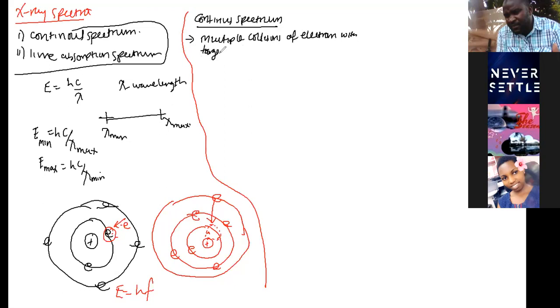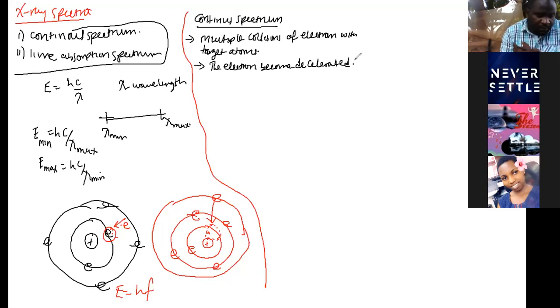That's one. The electrons become decelerated. What happens? They lose energy. Different amounts of energy are lost. When they are lost, what happens? X-rays are given off.